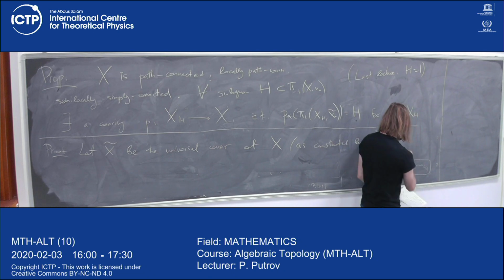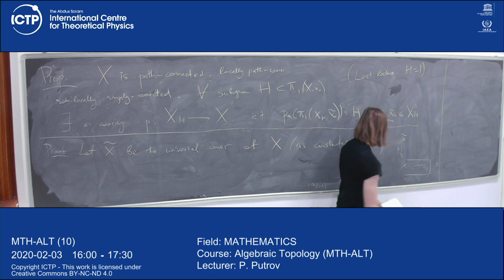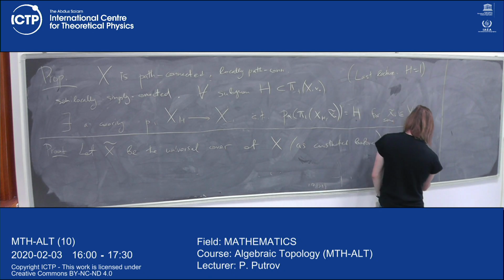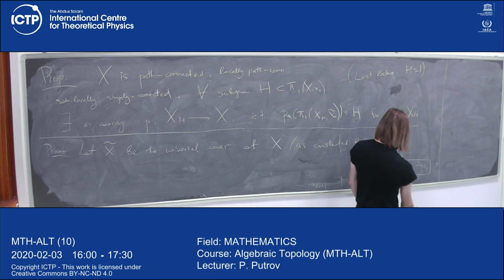The preimage of a point is given by path homotopy classes of all possible paths which start at a fixed base point in X.